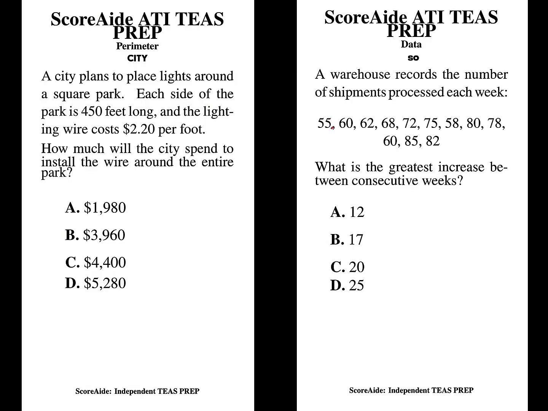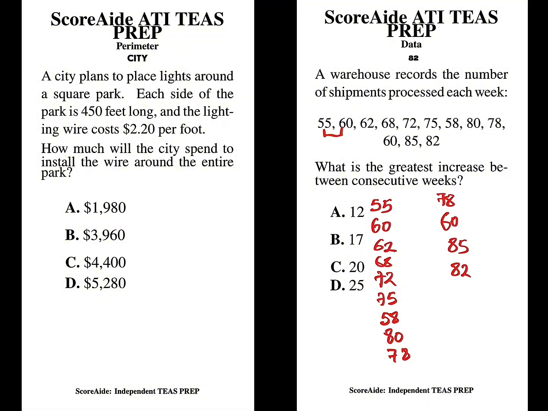These data points. So I want to look for this difference here. This difference here is gonna give us what? I could just write these data points down. So we have 55, 60, 62, 68, 72, 75.